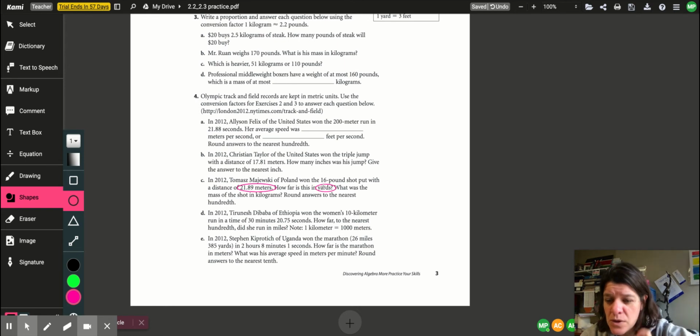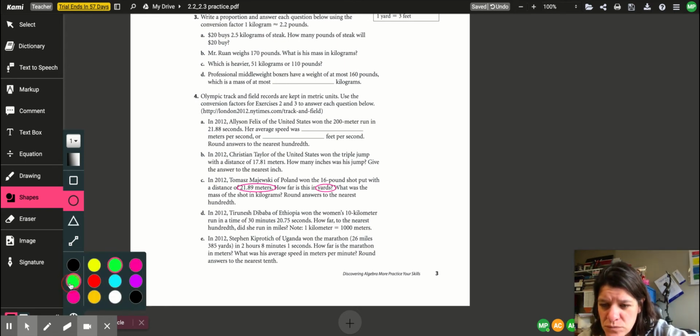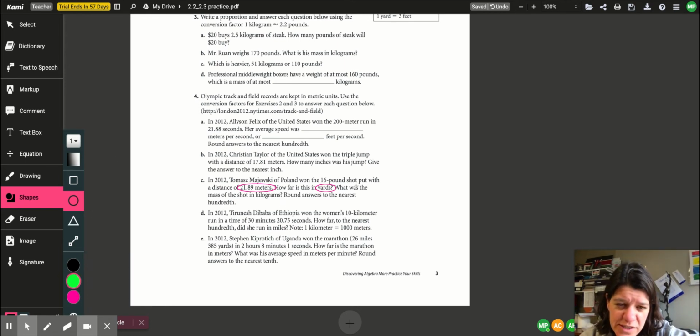Okay. And then the next thing it asks is what was the mass of the shot in kilograms? So I've got mass again, and I'm looking for kilograms. If I'm looking for mass, I no longer care about meters because meters is distance. Those two things are entirely different.